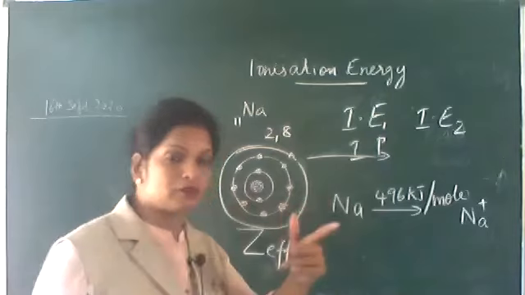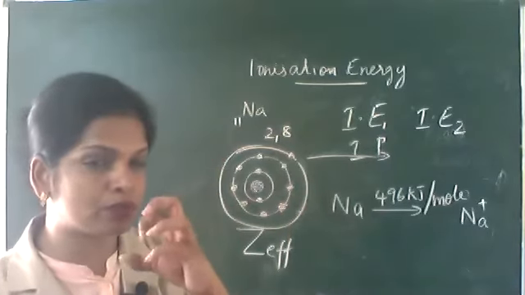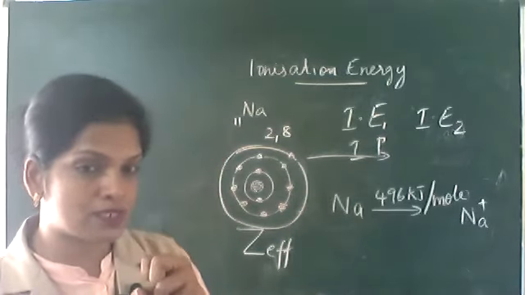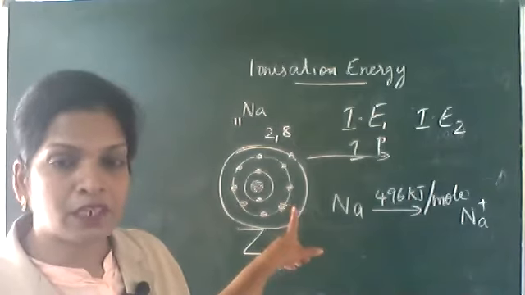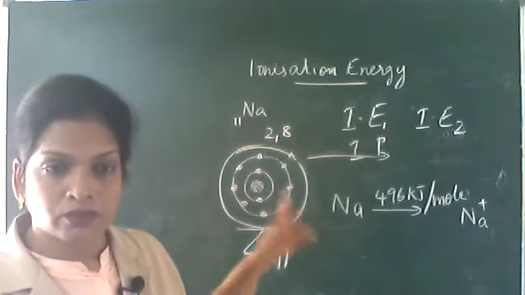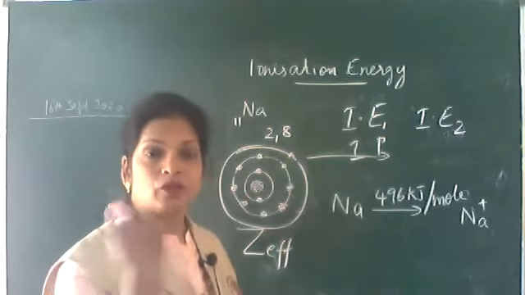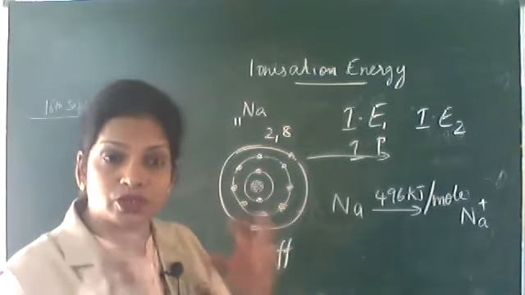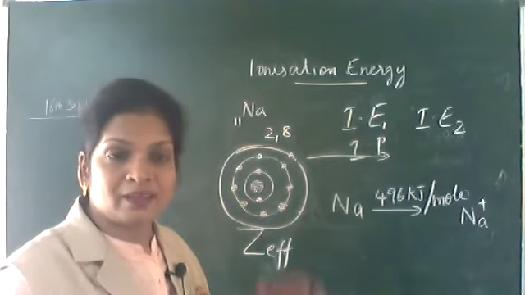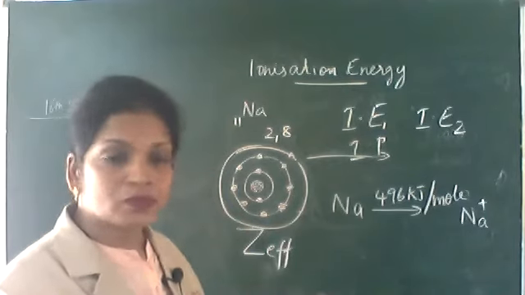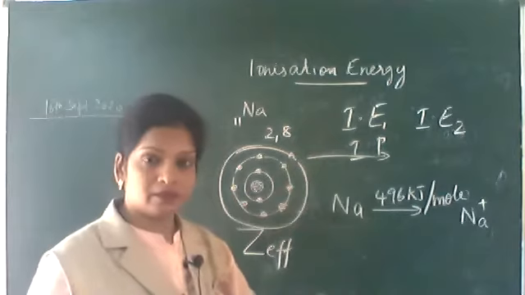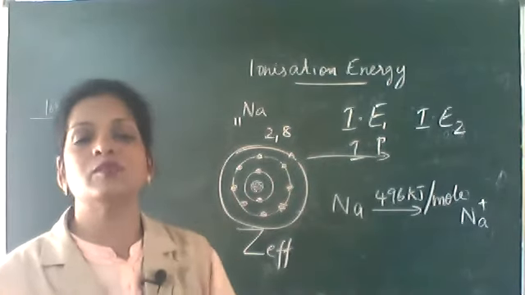Means after the removal of this electron, the system becomes more stable, with 8 electrons in the outermost shell. Sodium does not want this one electron. After its removal, sodium becomes more stable by attaining the octet stability. So this process is very easy, you have to give very less amount of energy.